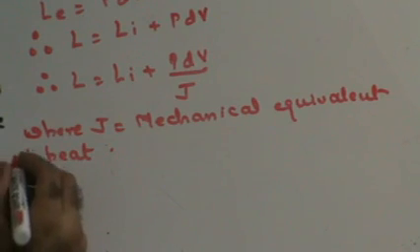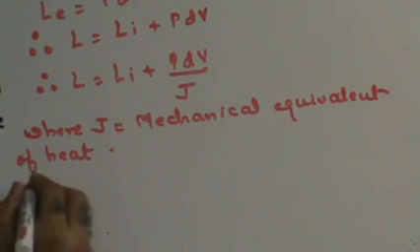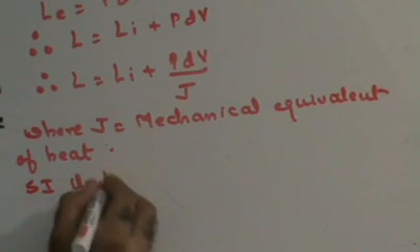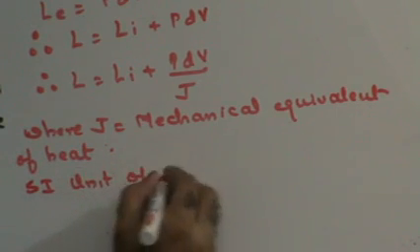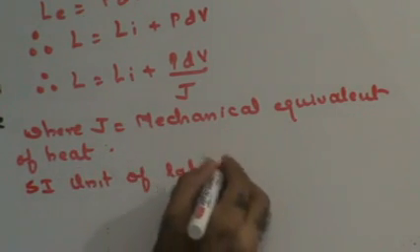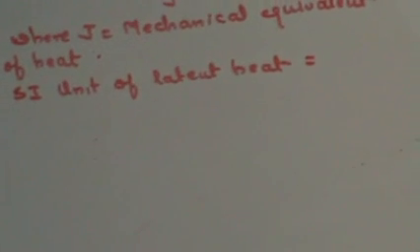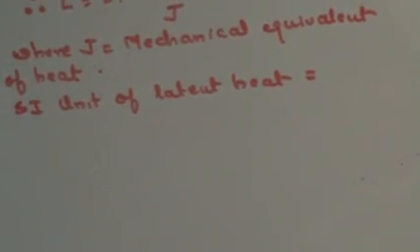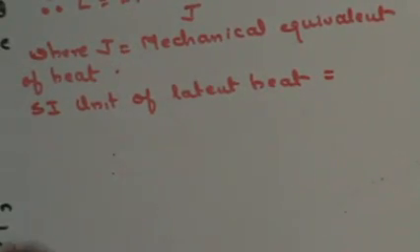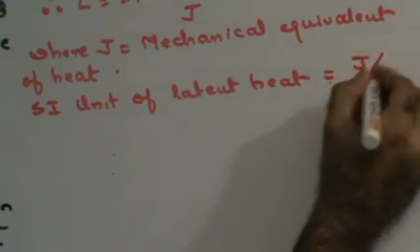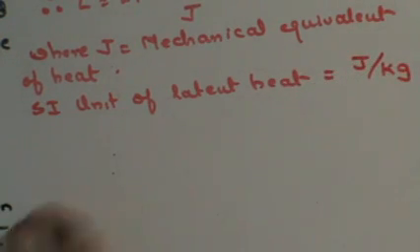Now, what will be my SI units of latent heat? What is latent heat? Latent heat is the heat required to convert unit mass. So it is heat, joules per kg, right?